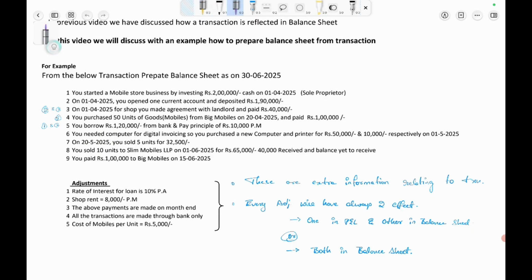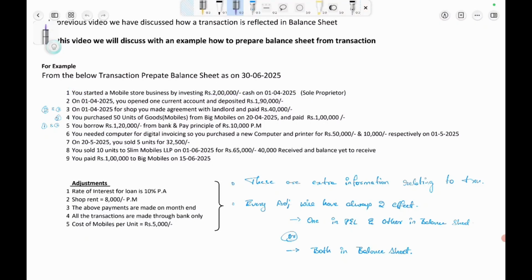Those are: on what date it happened, who is the receiver, who is the giver, and what is the amount. Now in this transaction, what is the date? It happened on 1/4/2025. Who is the receiver? Your business, the mobile store business, is the receiver. Who is the giver? You are the giver. And what is the amount? 2 lakh is the amount.